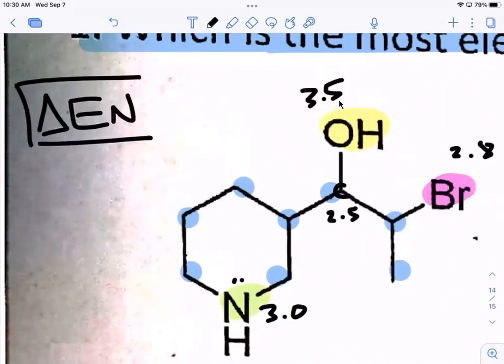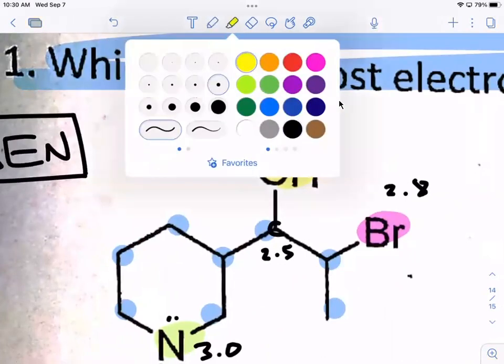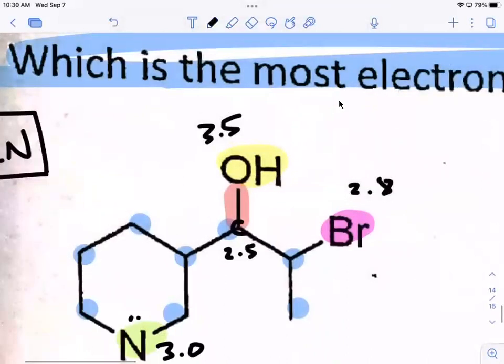We need to find the difference in electronegativity. So we just subtract the numbers. For this C-O bond, it would be 1. Is that polar?